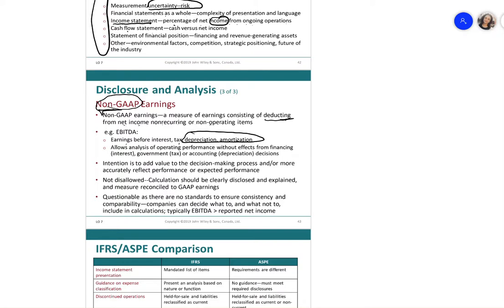Non-GAAP earnings allow analysis of operating performance without the effect of financial interest, government tax, and accounting depreciation. So when we think of non-GAAP earnings, it allows the company to present the interest we pay to the financing company, tax we pay to the government, CRA, and accounting depreciation. So it shows the performance of the income statement from the non-GAAP earnings point of view.